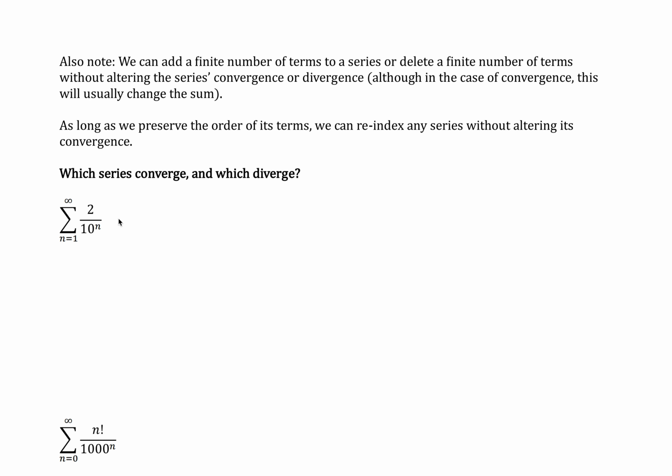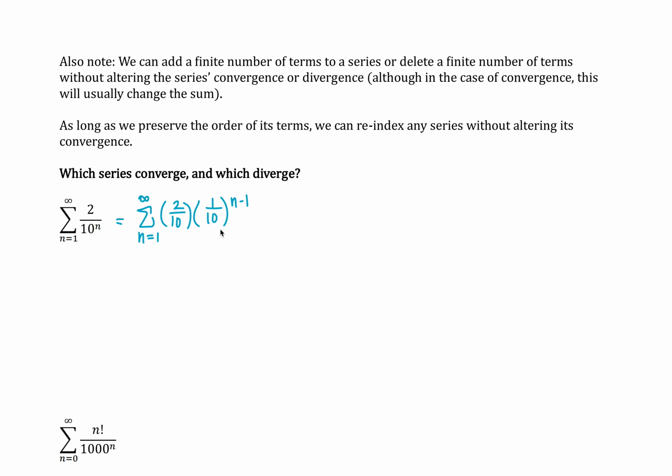I could rewrite this as the sum from n equals 1 to infinity of 2/10 times 1/10 to the n minus 1 power. So I just have a geometric series where my a value is 2/10, the r value is 1/10.